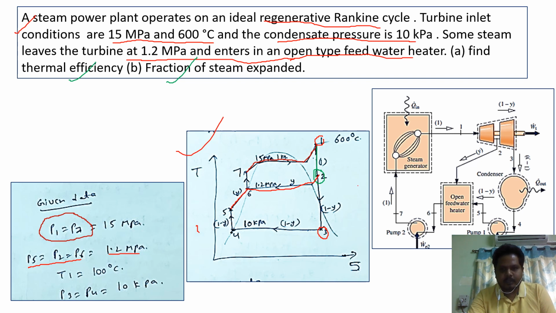The temperature at the inlet of the turbine is 600 degrees centigrade, so at point 1, T1 equals 600 degrees centigrade. Finally, the condensation process 3 to 4 is constant pressure, and the given pressure is 10 kilopascal. So P3 equals P4 equals 10 kilopascal. From this data, we have to find the thermal efficiency and fraction of steam expended.